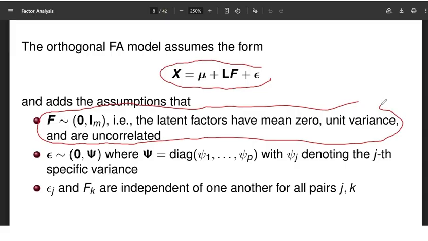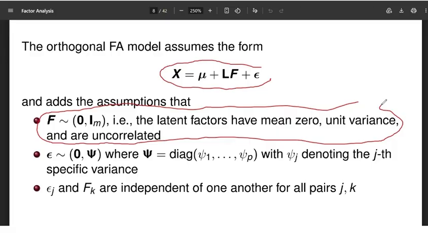Initially we did not observe them. They are unobserved. Because they are unobserved, they become a random variable. If they are random variable, they will follow a particular probability distribution.